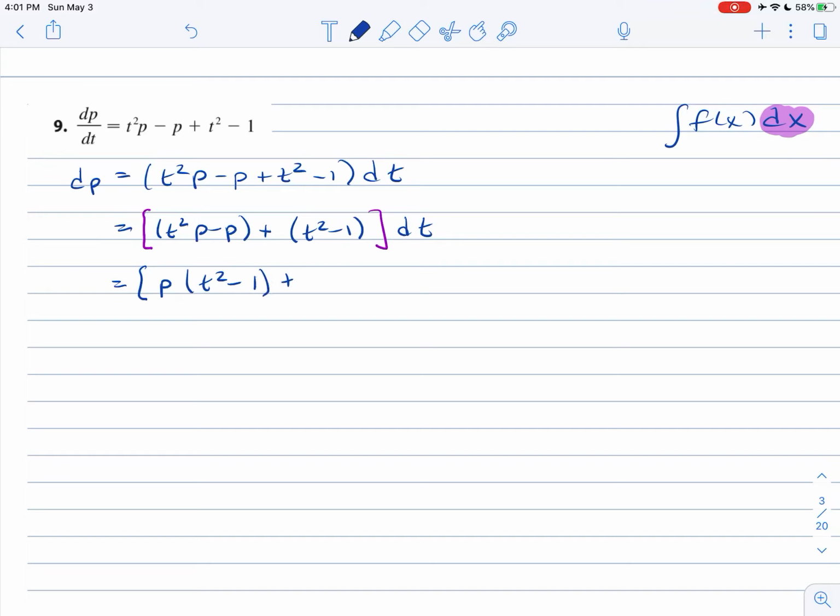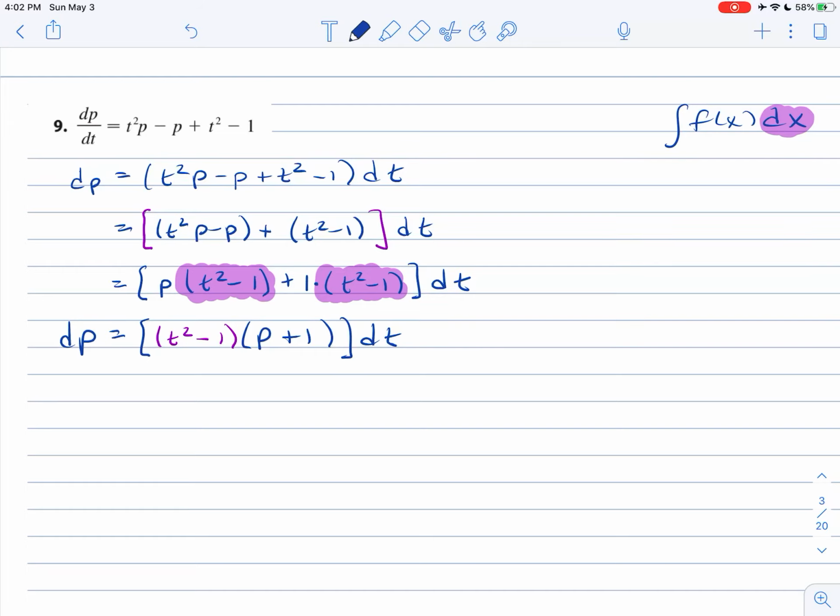And in the second grouped terms, I can't factor any common factor, so the actual common factor is 1. And now I see a common factor among the two terms here of t squared minus 1, and so I'm going to factor that out. And I end up with t squared minus 1 times, and what's left over from the distributive property is p plus 1.